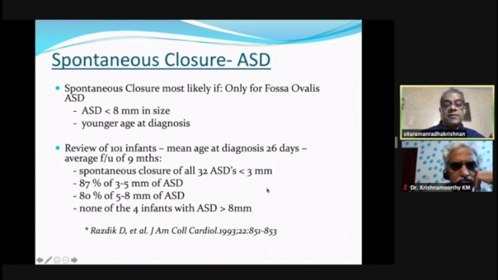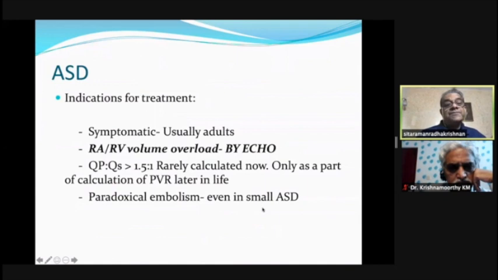The majority of them would have closed within 1 to 2 years of life. And of course, it is said that if it is more than 8 millimeters, then you have to forewarn the family that there is a very highly unlikely chance that these defects might close, and then one has to be mentally prepared for a closure in later stages of life.